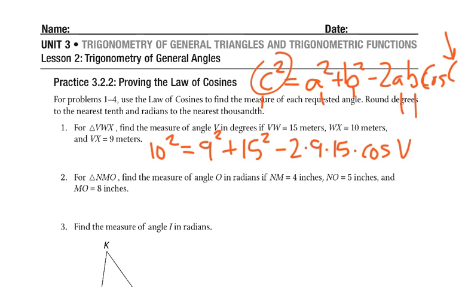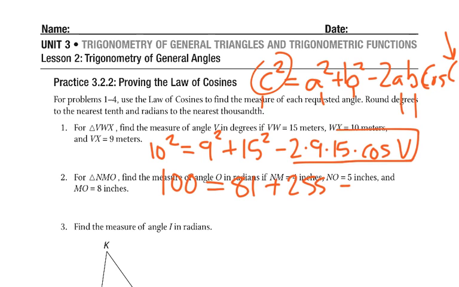Now let's just solve. So this is 100. Then 81. 15 squared, I believe, is 225. Oh, plus 225. Minus, now this whole piece is together, so 2 times 9 times 15 is 270 cosine of V.